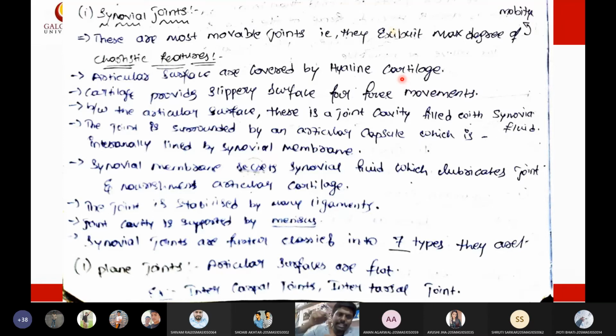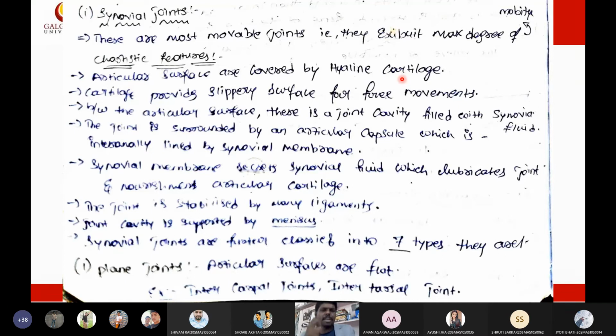There are many ligaments present in the synovial joint in order to stabilize the joint, to keep the joint in its right place. So it's a combination of ligaments, muscles, synovial fluid, hyaline cartilage, and synovial membrane. All these five together make a complicated mobile joint called a synovial joint.